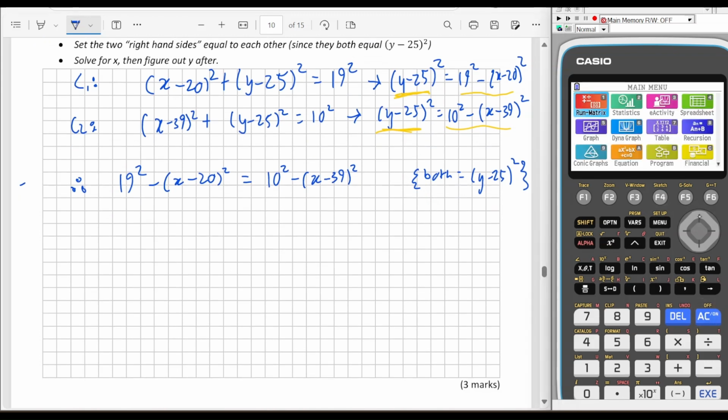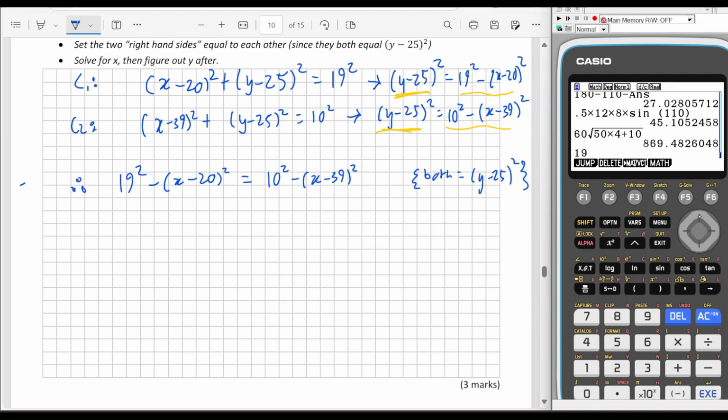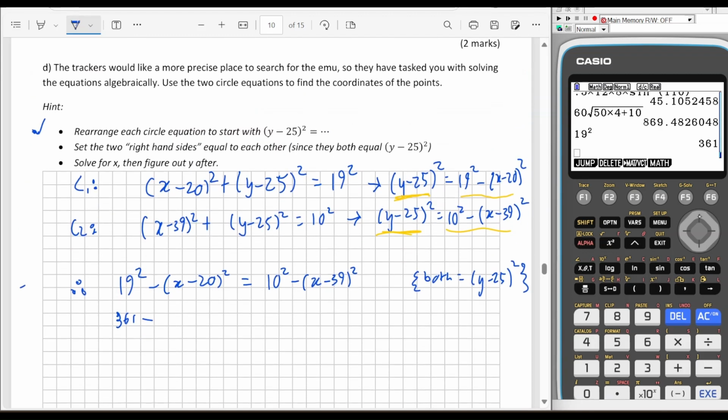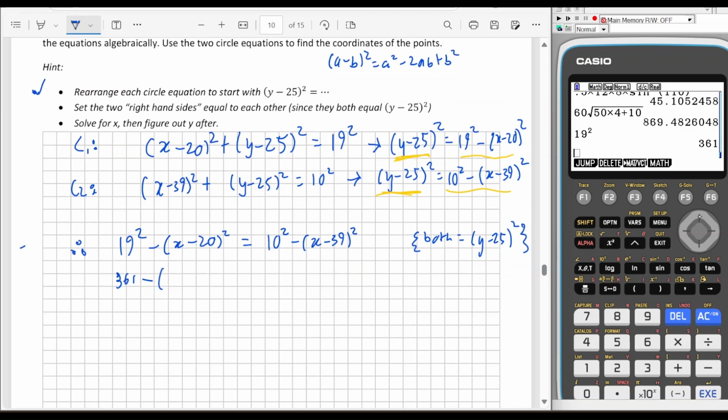So 19 squared is going to give me 361. Now, (x - 20) squared. What we're going to be using here is this equation: (a - b) squared is a squared minus 2ab plus b squared. So that's, I'm going to keep it in brackets, x squared minus 2 lots of 20 x plus 20 squared, which is 400.